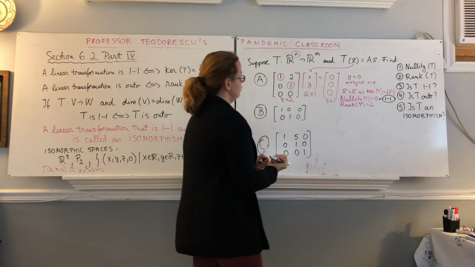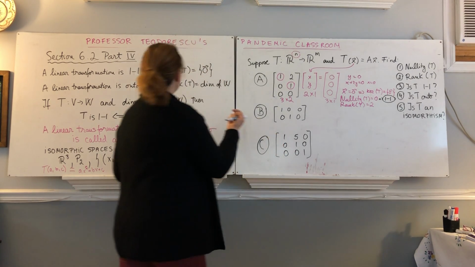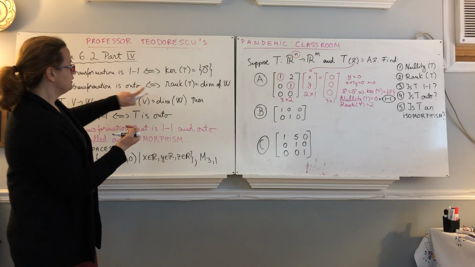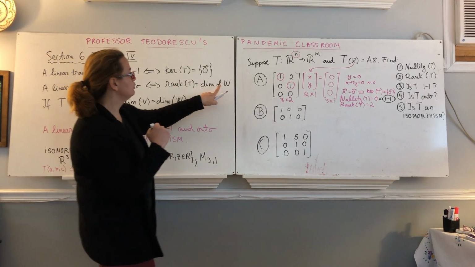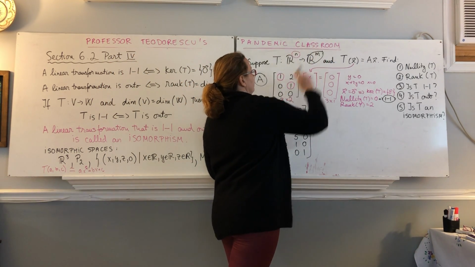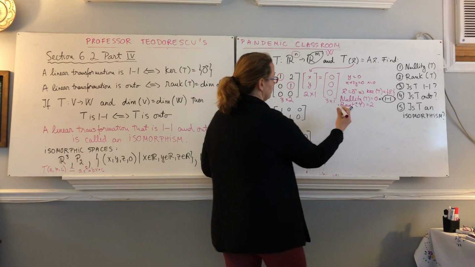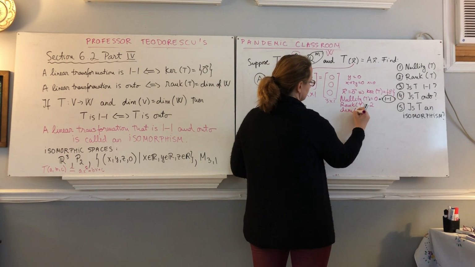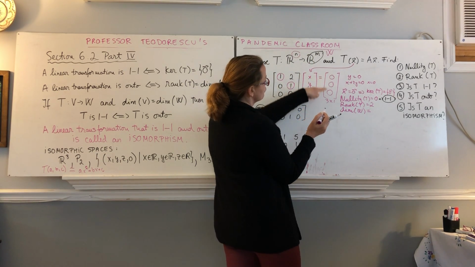Is this onto? Well, let's see. In order for it to be onto, the rank of T, which is 2, needs to be equal to the dimension of W. This here is W. The dimension of W in this particular example is 3.